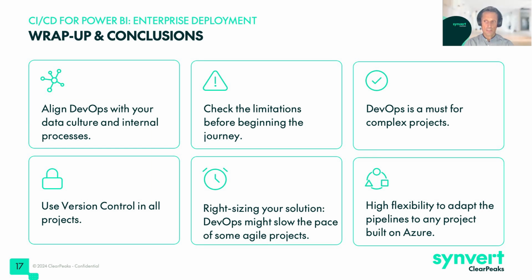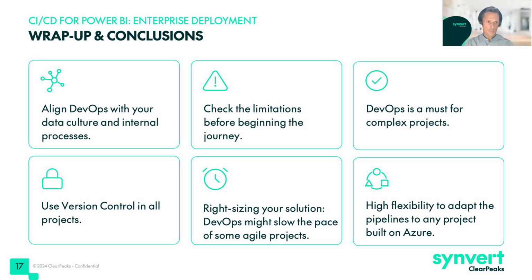The conclusion: we have to align our DevOps with our data culture and internal processes. We have presented today a very basic use case. Of course, the use cases will be much more complex. We have to think about how we produce these data products and how we deploy them, in order to create this DevOps process.